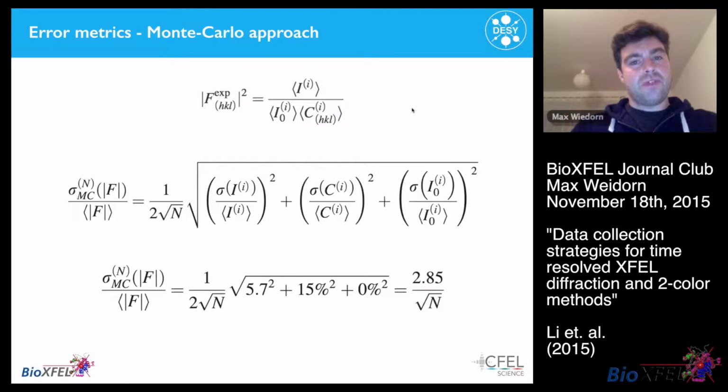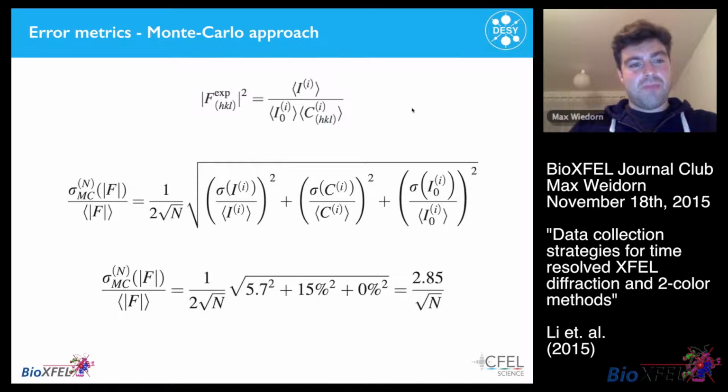First they do the error metrics for the standard Monte Carlo approach, the standard SFX, where if you look again at the experimental structure factor, you have three quantities, and standard error propagation gives you the known formula dependent on the individual errors squared and then summed up and taking the square root of that.